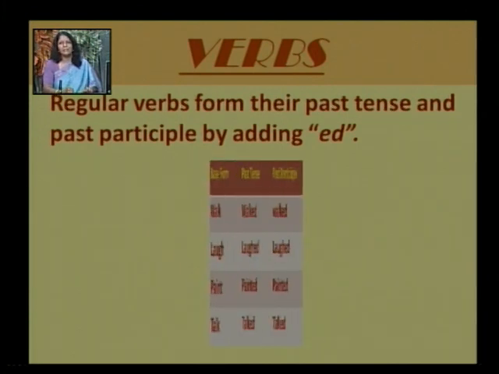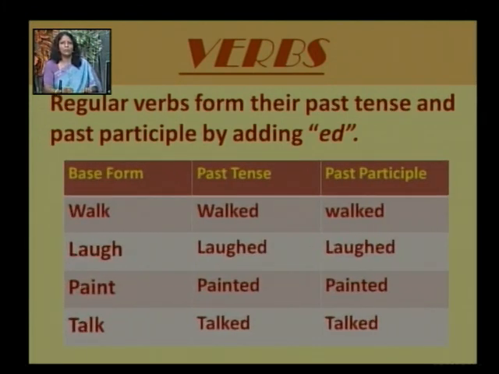Now here there are some examples. We can have a quick look at them. The base forms, as you can see, are the words. Then when they are turned into past tense and past participle, you can see that the letters E and D are added at the end of it. They are added to the verb root.